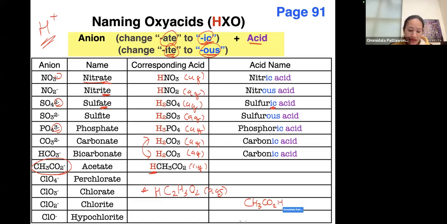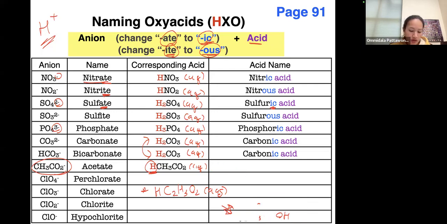Sometimes people expand this O2 to CH3COOH. So all of these represent the same acetic acid. These two might be the most common forms. But on the exam, I'm going to make sure you understand hydrogen is written first for easy recognition. So I'm going to put hydrogen written first.